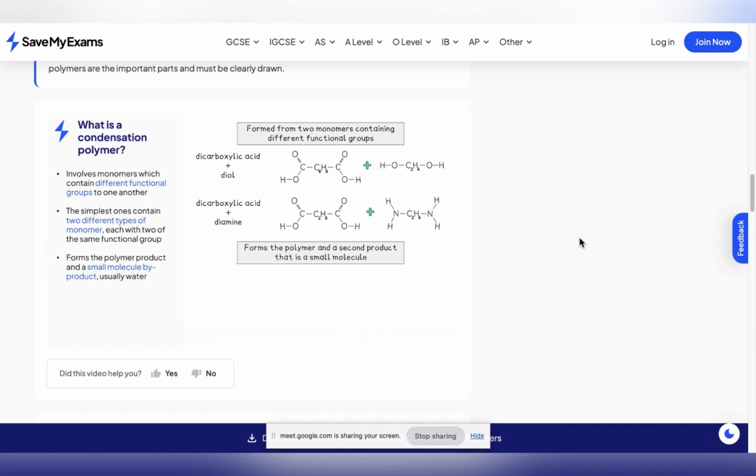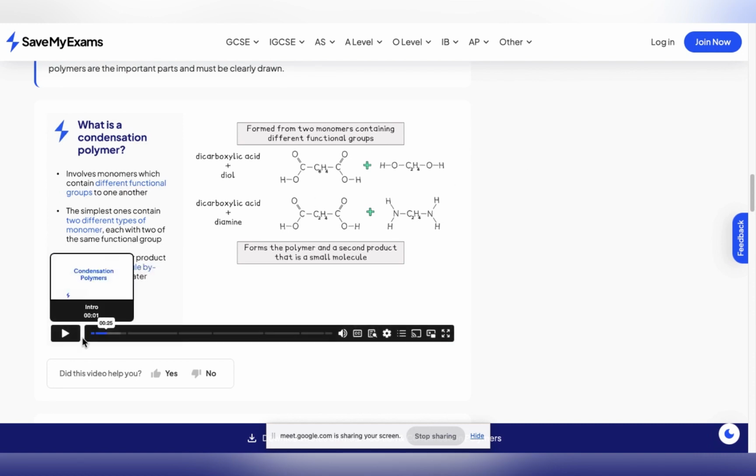A good example is when we take a dicarboxylic acid and a diol. When we react them, we form a different macromolecule. We're going to look at this in a short while.